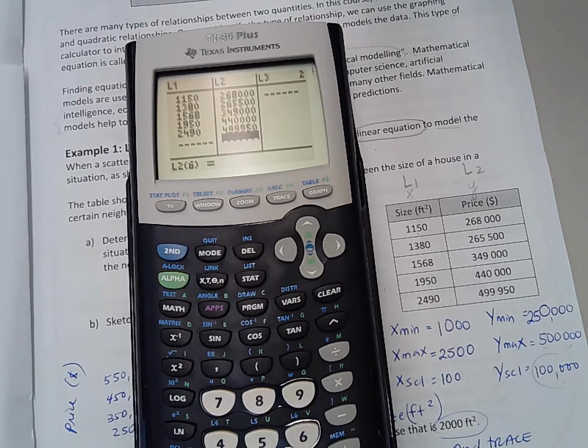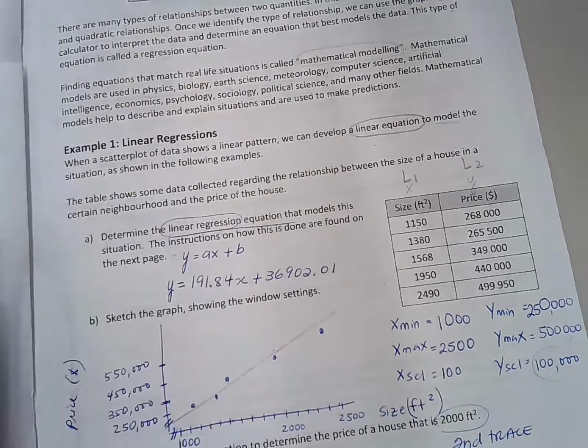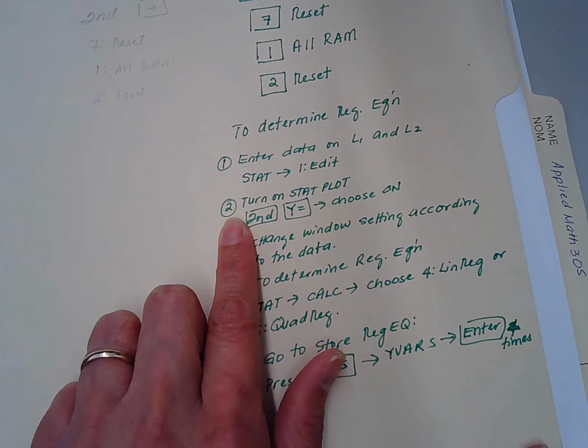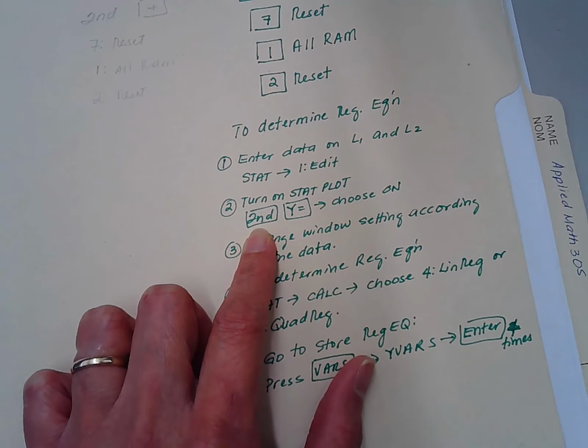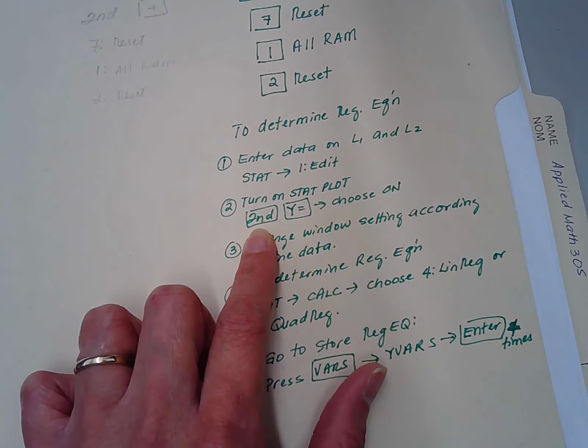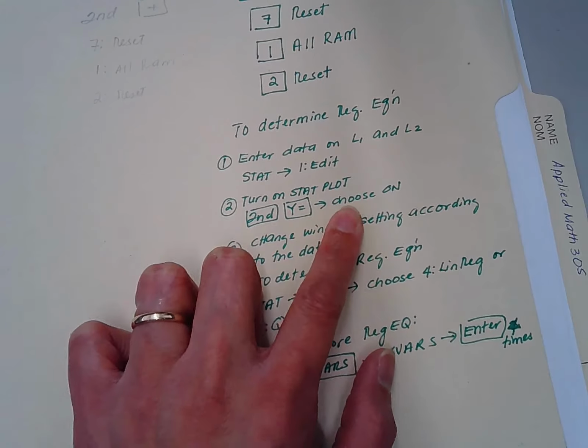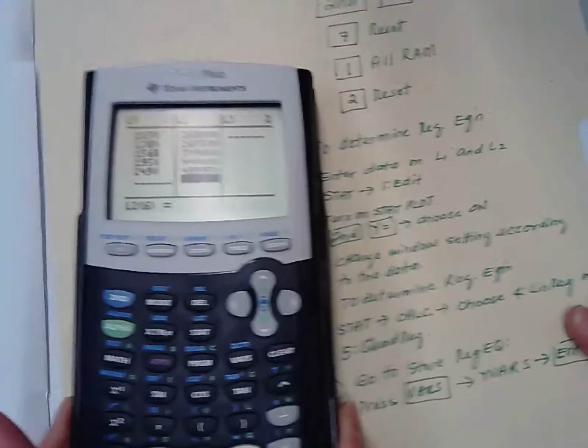Now that we've entered the values, what does it say on your sheet? Now we're gonna turn on our stat plot. How do you turn on stat plot? Second, y equals, choose on.